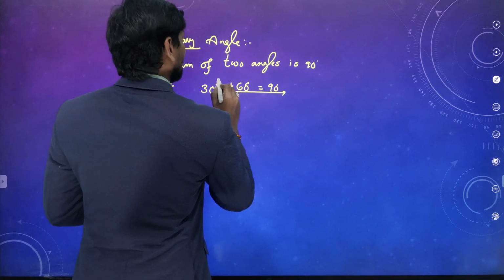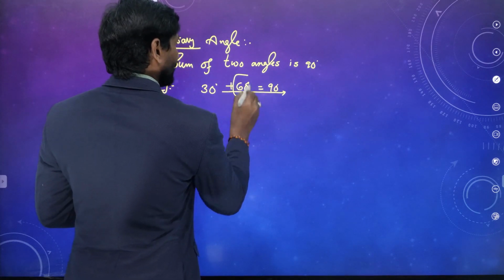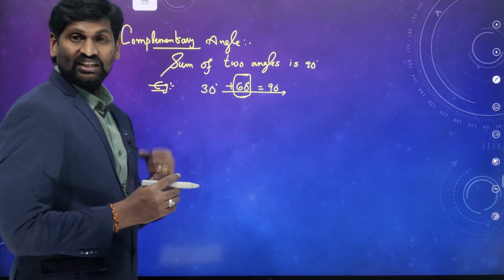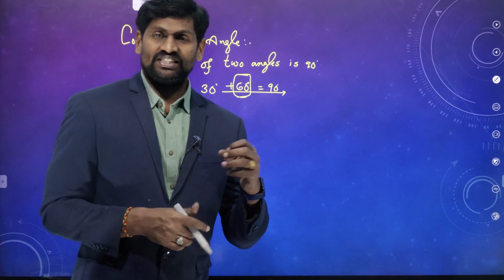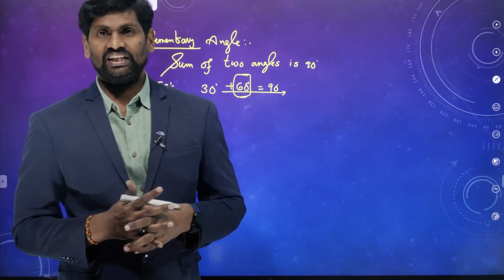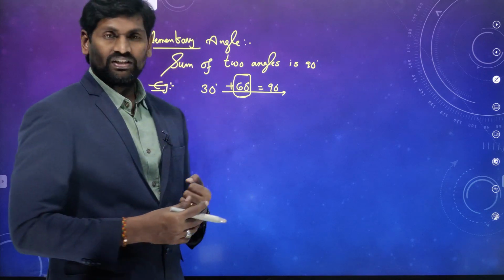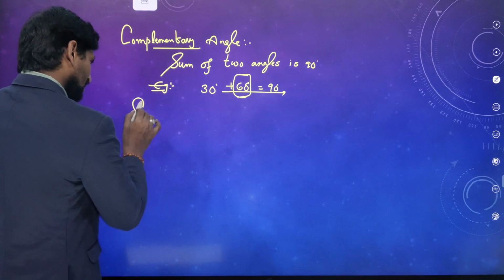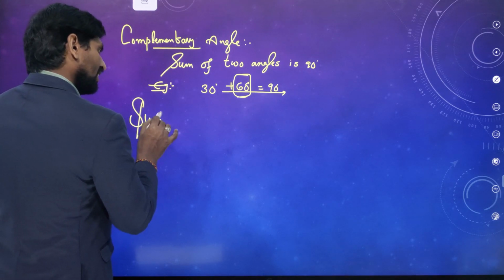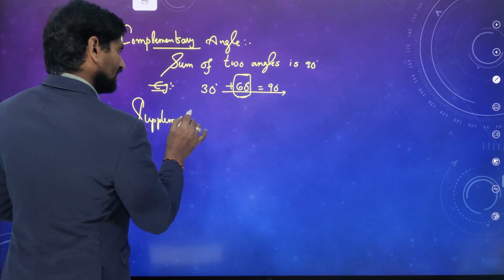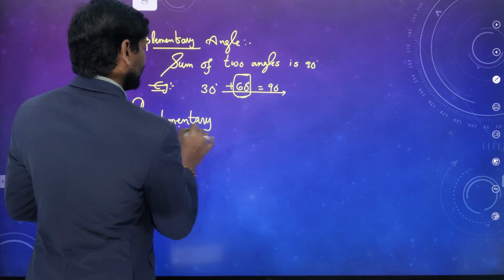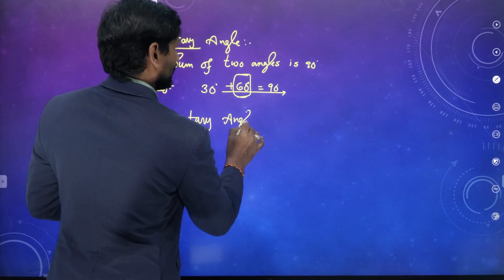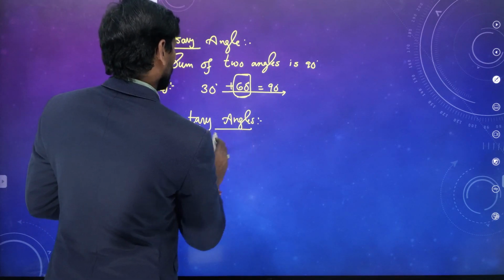So 60 degrees is the complementary angle of 30, and 30 degrees is the complementary angle of 60 degrees. Now supplementary angles. What are supplementary angles? The sum of two angles is 180 degrees.